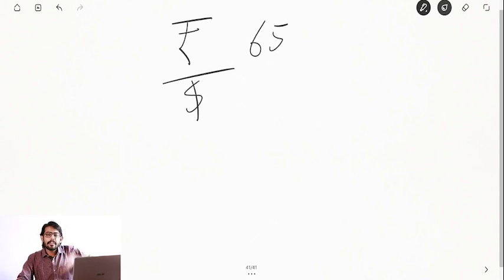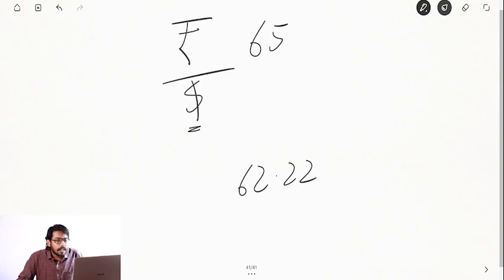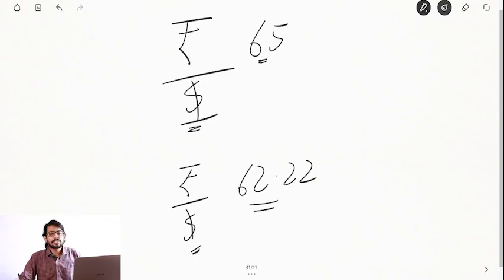Is it depreciating or appreciating? Earlier it was 62.22. Is it depreciating to 65 or appreciating to 65? Understand? Dollar is appreciating. The value of dollar was 62. Now the value of dollar has increased to 65.